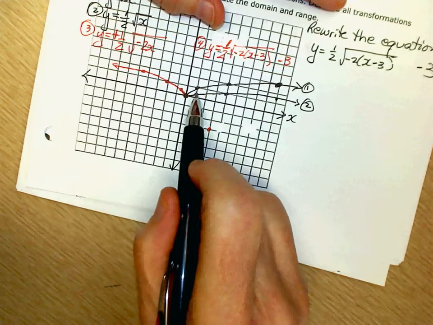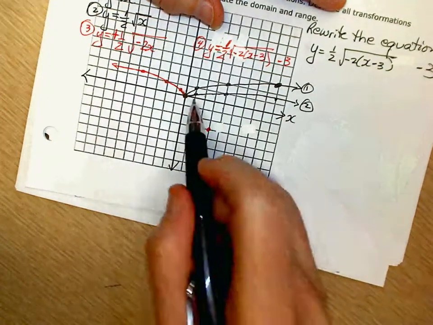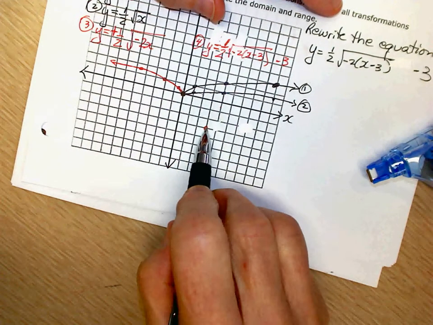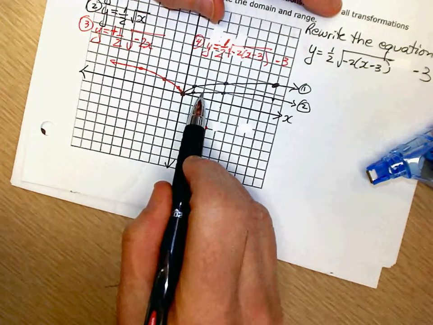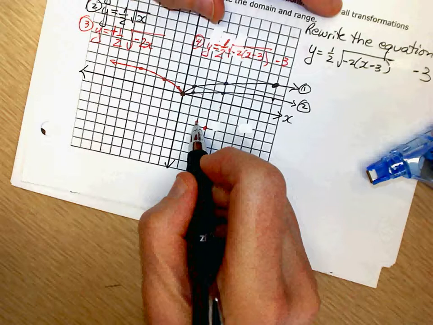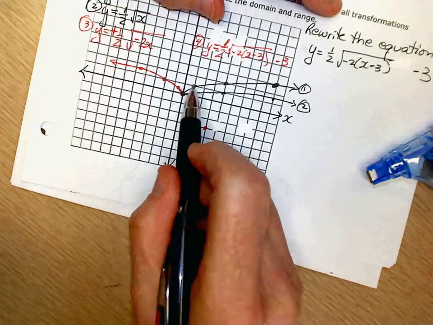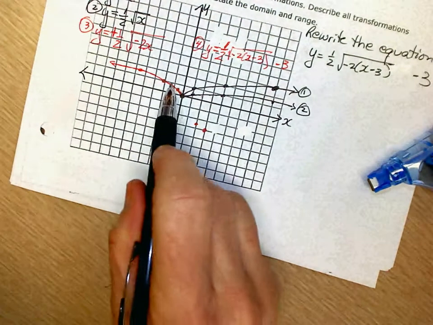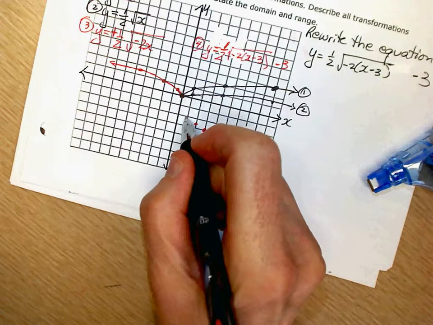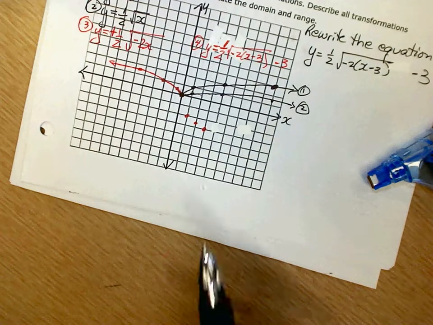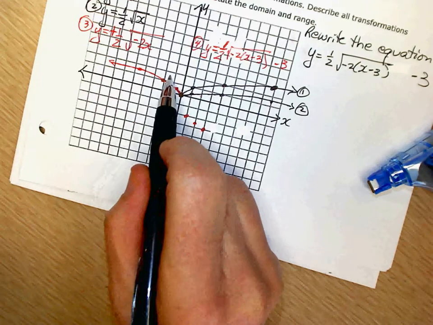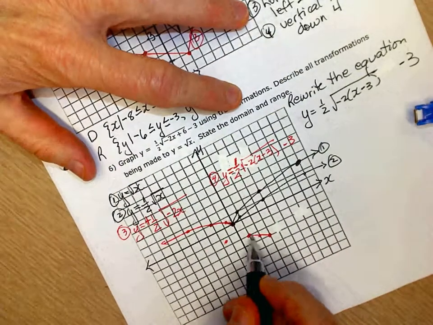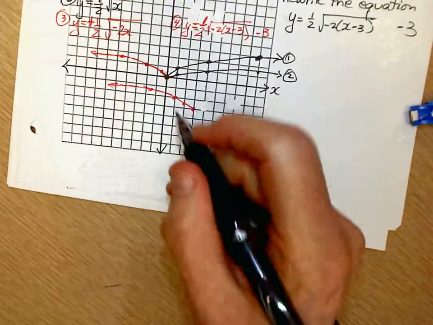This one's okay, right? 1, 2, 3, 1, 2, 3. Okay, we're good now? Okay. 1, 2, 3. Good?